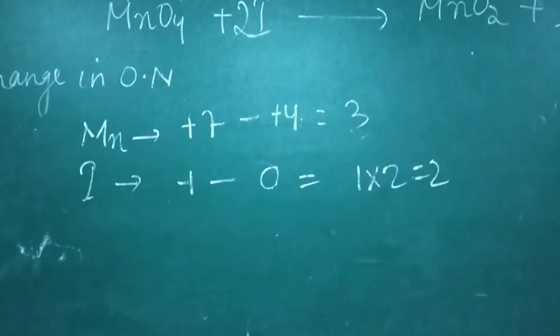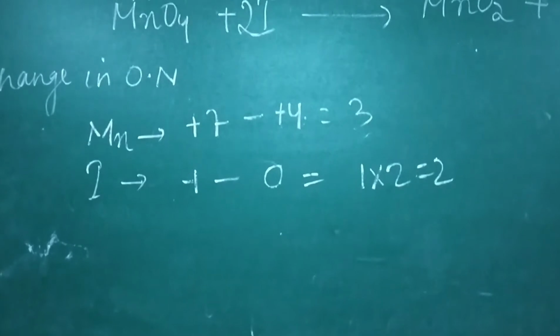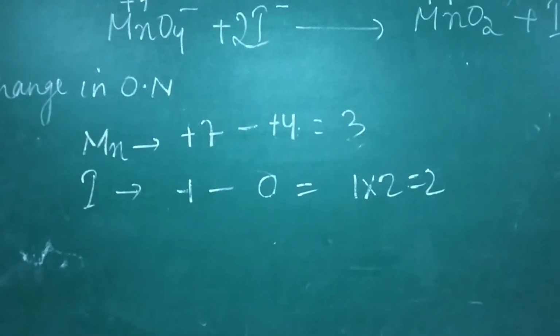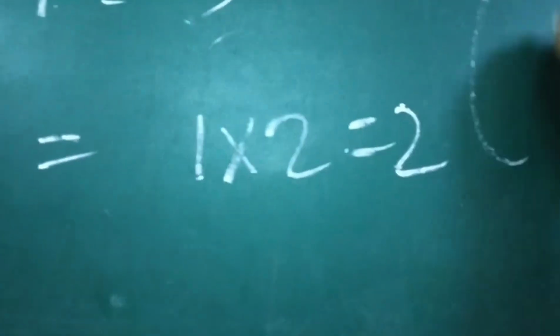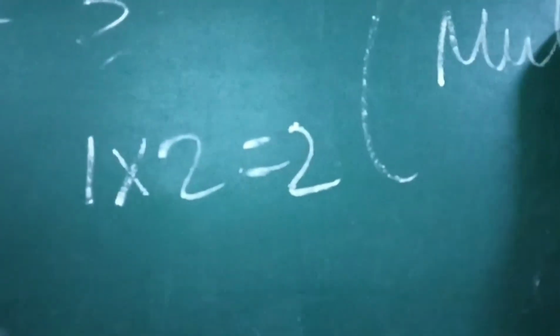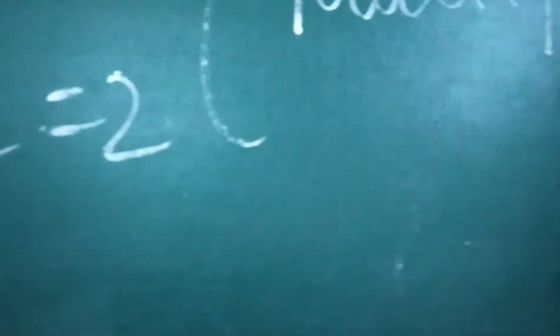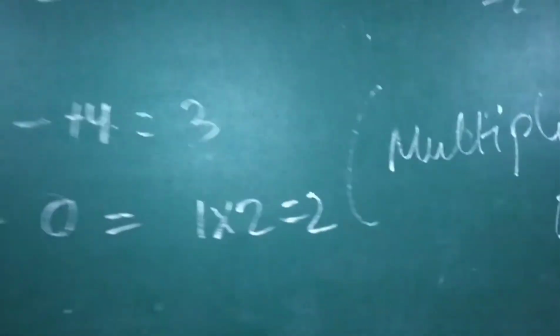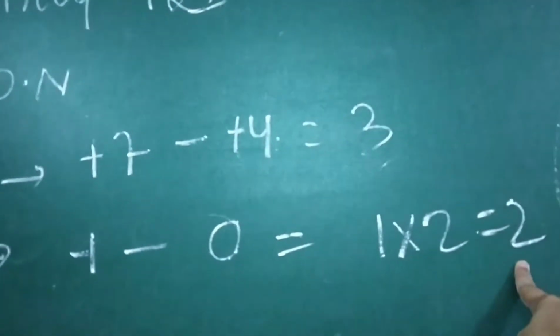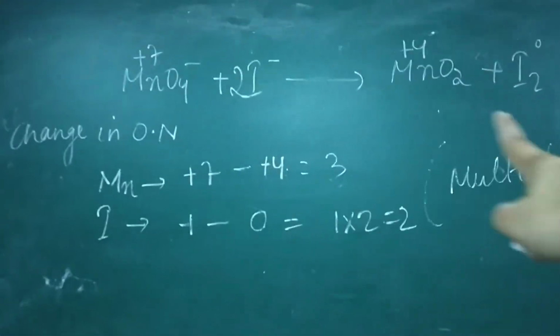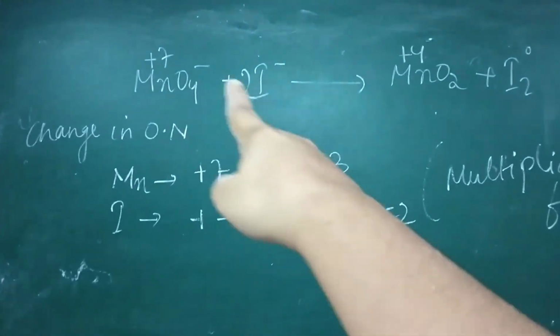Now we will cross multiply these changes in oxidation numbers, which are also called the multiplication factor or multiplying factor. We will multiply this 2 with the manganese part and 3 with the iodine part.